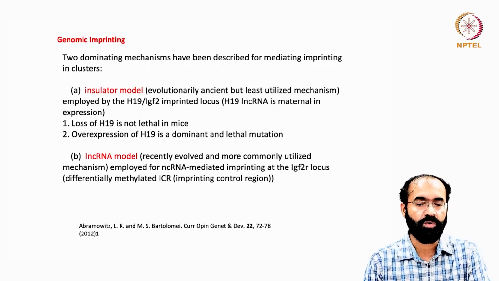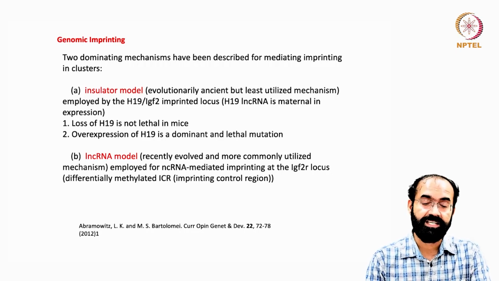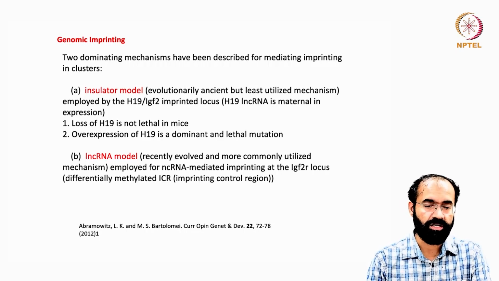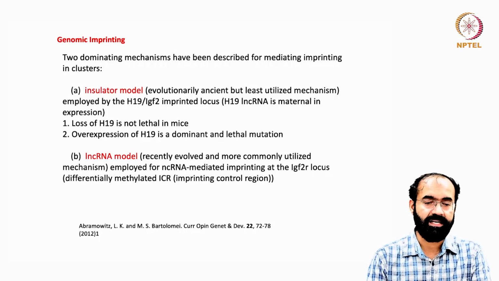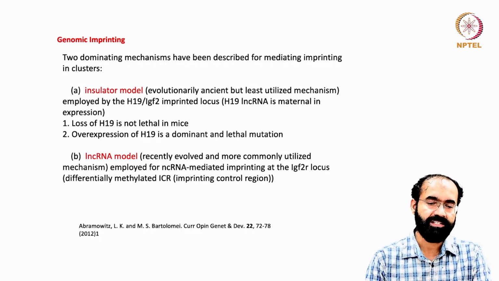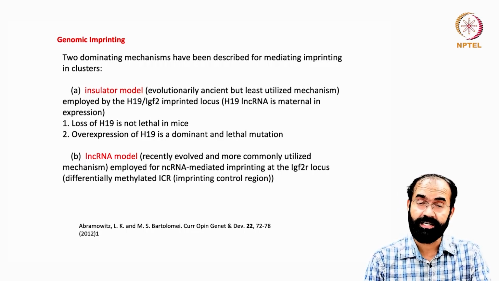It is employed for non-coding RNA mediated imprinting at the IGF2R locus, R stands for receptor, which has a differentially methylated ICR, imprinting control region. So what we should understand is that genomic imprinting can follow either an insulator model, which is an old model, or an ncRNA model, which is a new model.